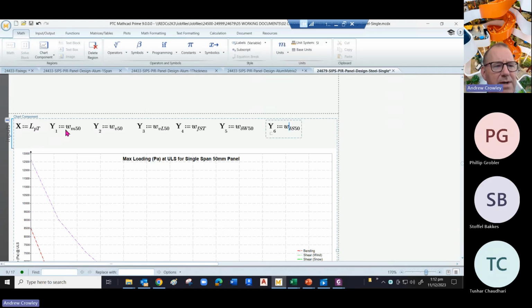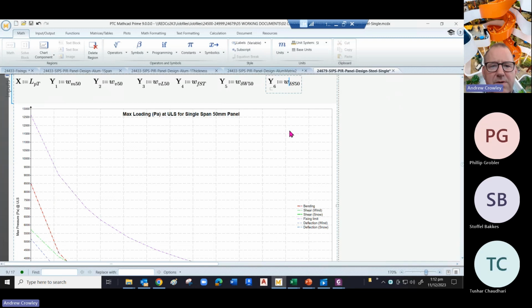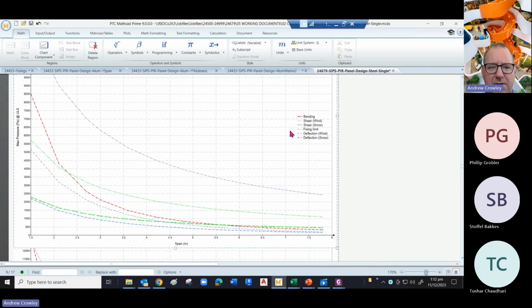Our Y components are going to be the load for bending failure, the load for shear failure, the load for shear failure in the long term, the load for the fastener failure, and then the load for deflection failure under wind and the deflection failure under snow. So that gives us many curves.